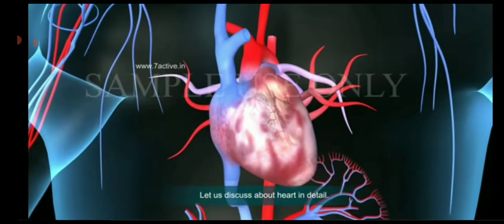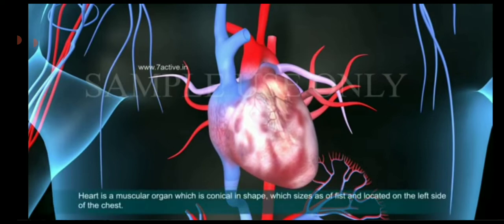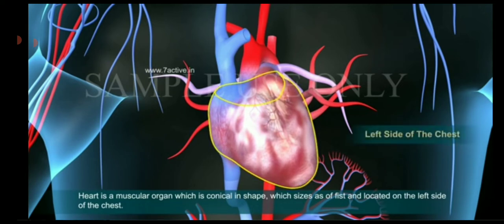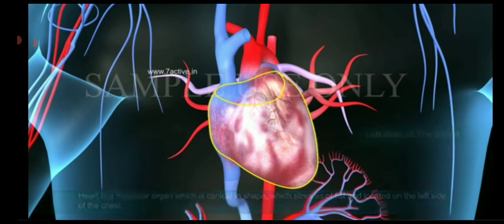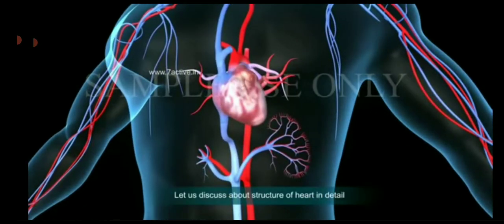Let us discuss about the heart in detail. The heart is a muscular organ which is conical in shape, the size of a fist, and located on the left side of the chest. Let us discuss the structure of the heart.